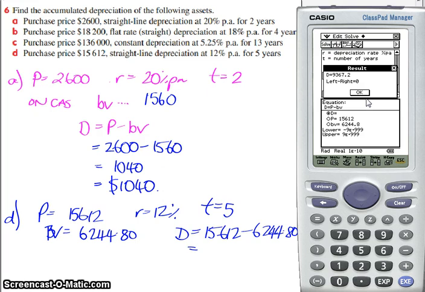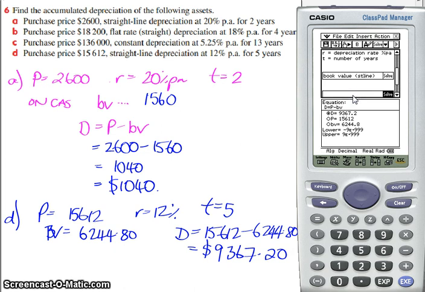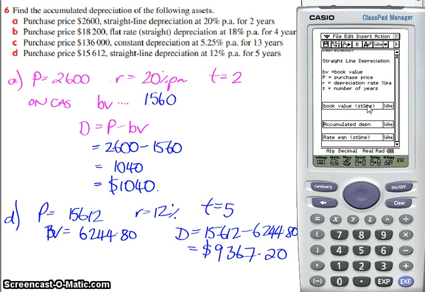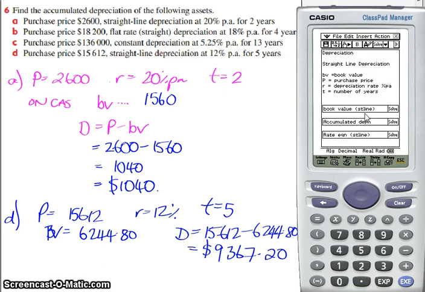Awesome. So then my depreciation is $9,367.20. You can see it brought through the values from the previous question. I'm going to name this here as accumulated depreciation. Now I've got those three formulas in here: the book value, my cumulative depreciation, and my rate if I want to find it.